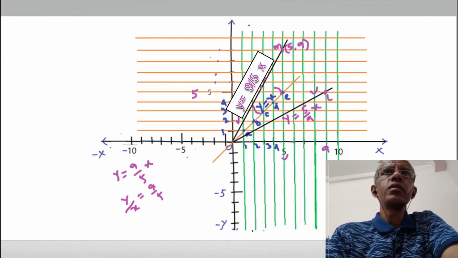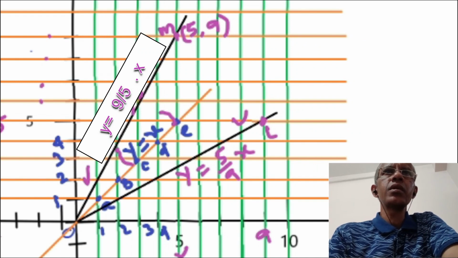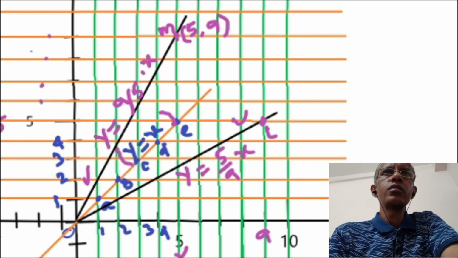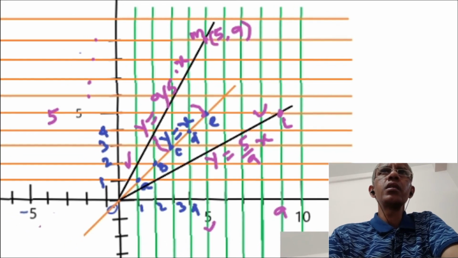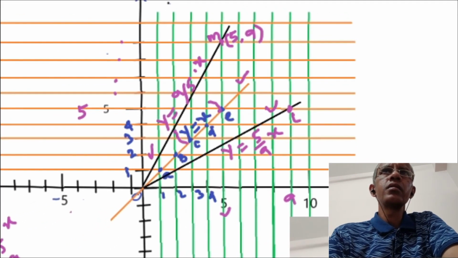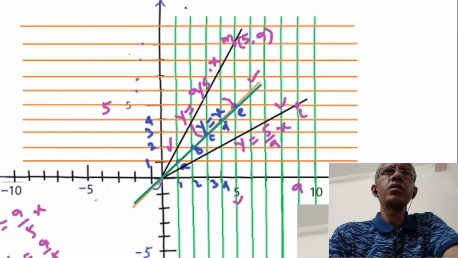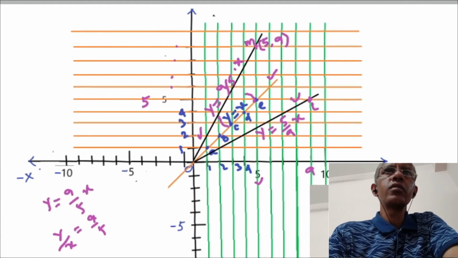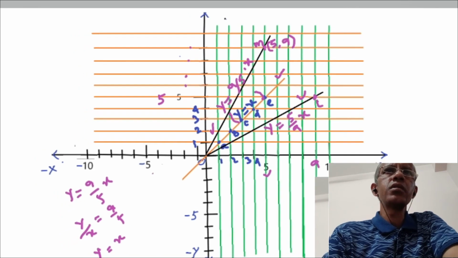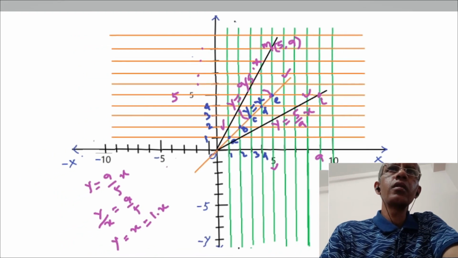So this 9 by 5 is nothing but the coefficient of the variable x. That means the coefficient tells us about the steepness of the line or the slope of the line. Here in the second line, it is seen that the formula is y is equal to x. That means the coefficient is 1.